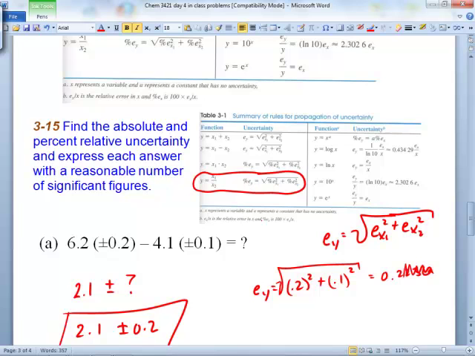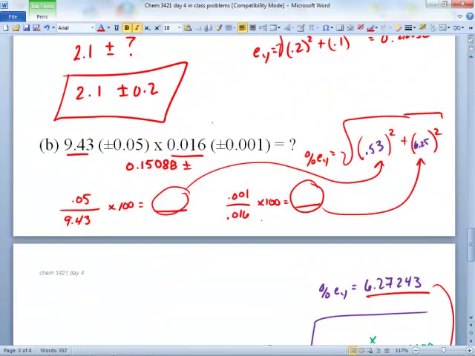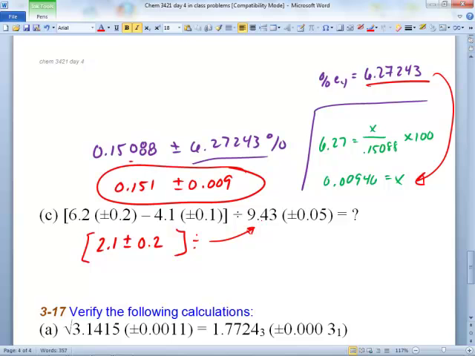And then you're going to end up with the relative uncertainty. Find the two relative uncertainties.